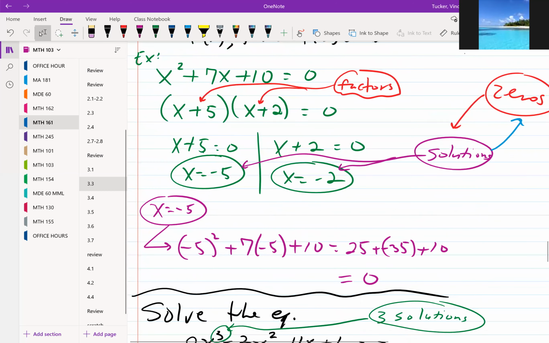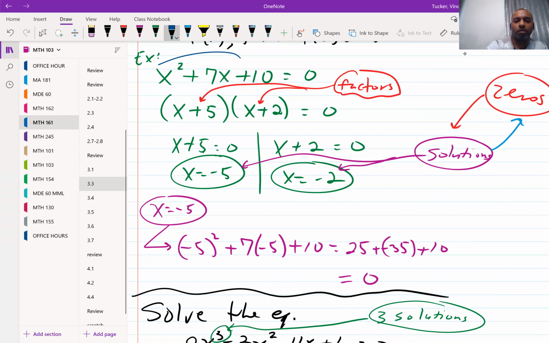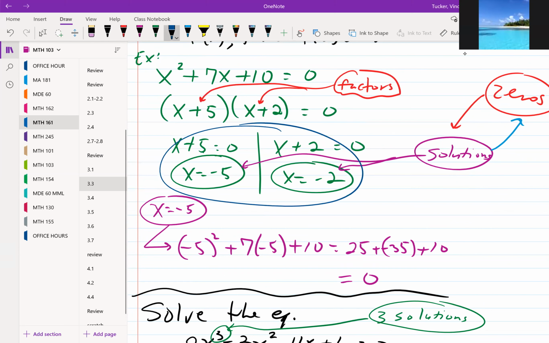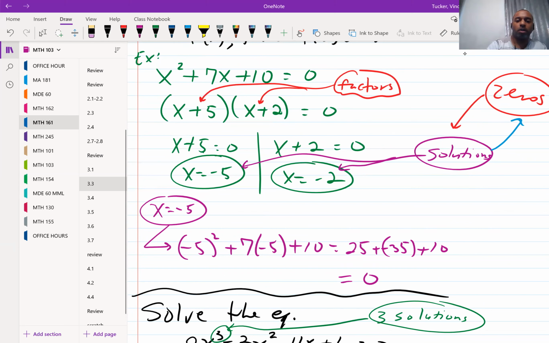Let me make sure I understand what you're saying. So you're talking about right here? Yeah. No, down where you plugged in the x minus 5. Oh, okay, right. So here it looks like you solved the left side of the equation, put an equal sign there, and then put 25. So it looks like you solved the problem, just put an equal sign in between. Is that correct? Yeah, that's all I was doing, was simplifying it.